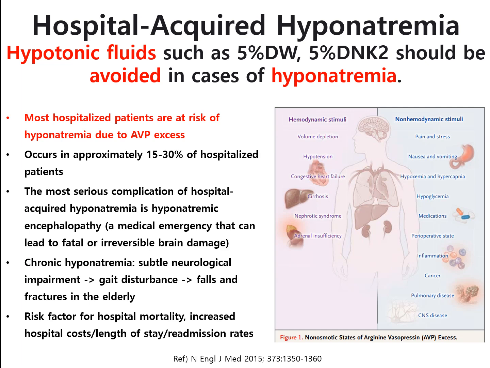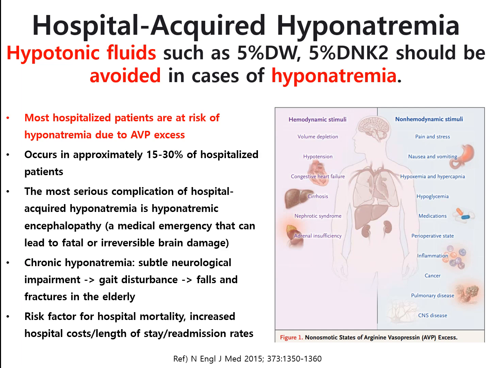A significant concern in hospitalized patients, especially the elderly, is hospital-acquired hyponatremia. This occurs at approximately 15 to 30% of hospitalized patients. Most are at risk due to ADH excess.